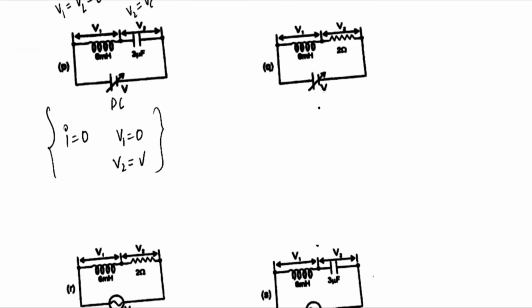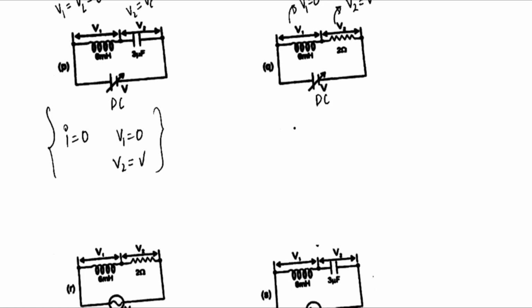In this diagram we also have a DC source, and again the potential drop across the inductor will be 0, so V1 is equal to 0. All the potential drop of the source will be on the resistor, and V2 will be equal to V. In that circuit the current is not 0.